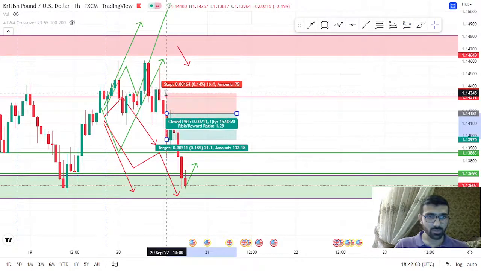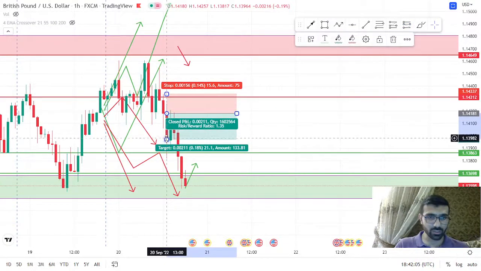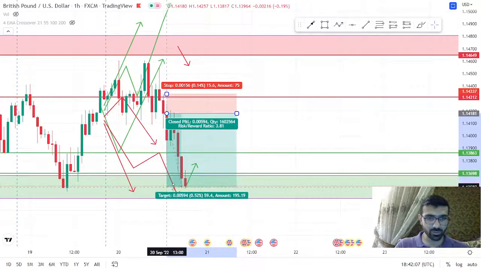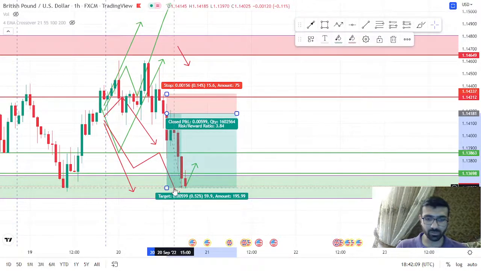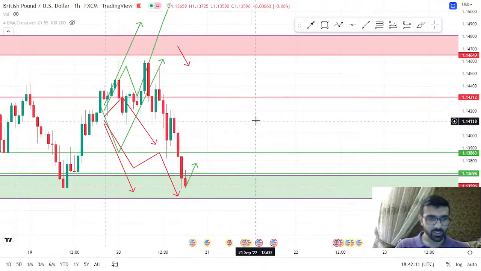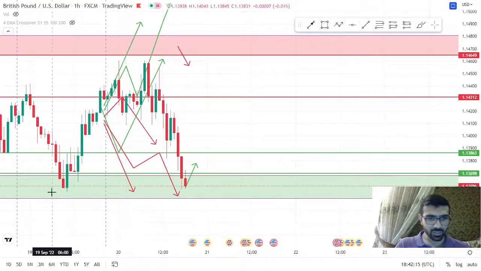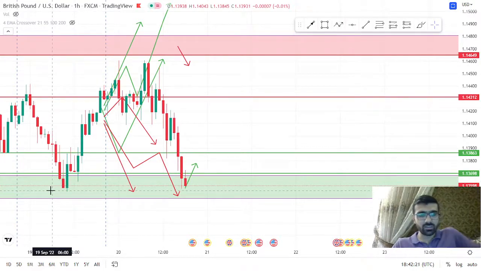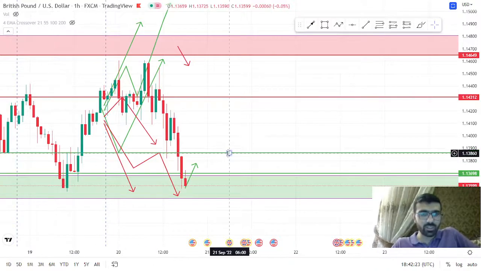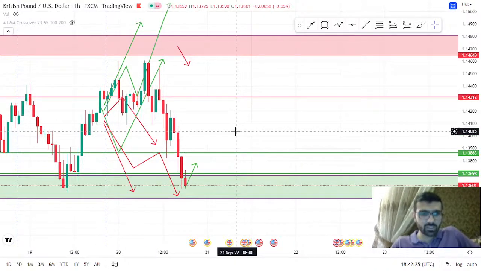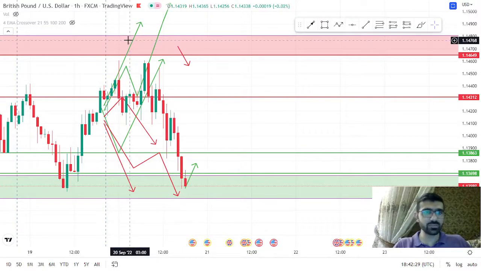So this would be our take profit, our stop loss, and this would be our take profit, approximately 3.8%. Now clearly the market is at the area of critical support, and I'm expecting the market to go up from here. So let us just wait and watch what the market has in store for us.